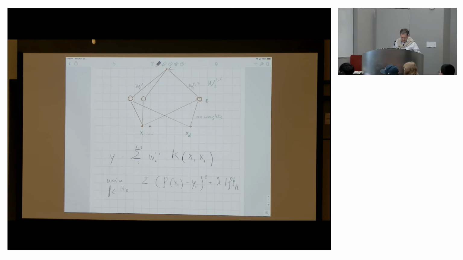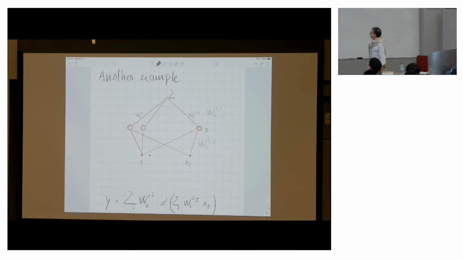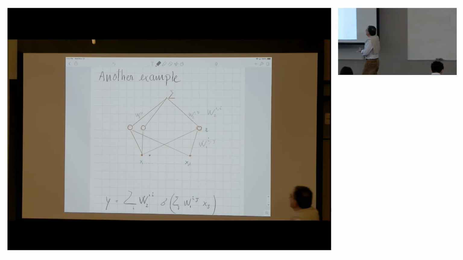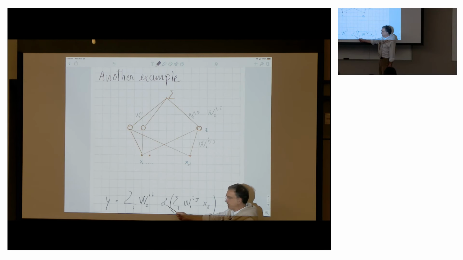Okay, so now another example is the neural networks of the 80s, in which now you have units which, at the time, were sigmoids, so a univariate nonlinearity shaped like a sigmoid.